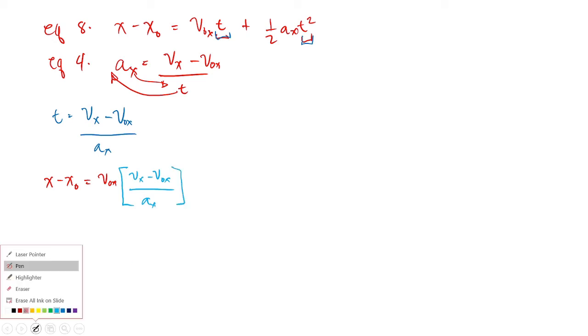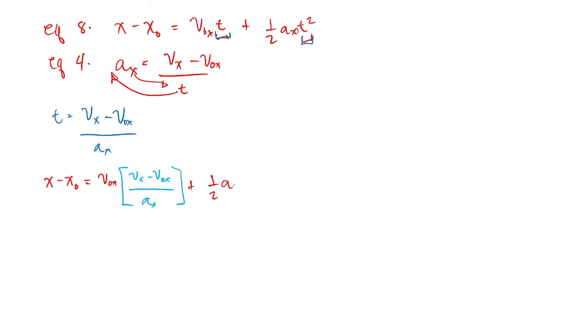And we will add that to one half of our constant acceleration times the square of the time, which is equal to our final minus our initial velocity over our AX.